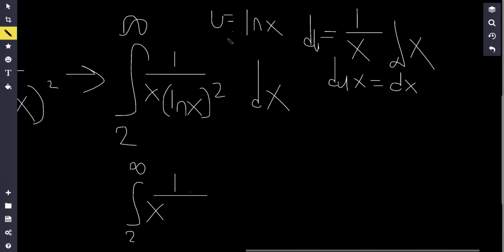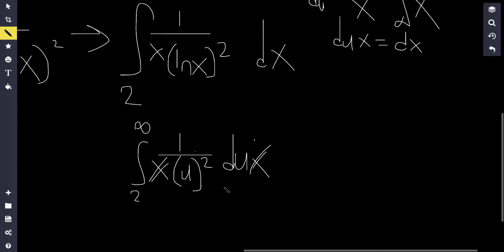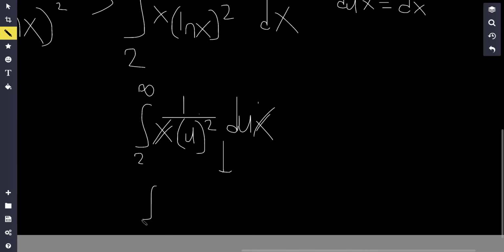I substitute in u for ln of x, so I get u squared. Instead of ln of x squared, I get u squared. And then instead of a dx, I get x du. The x's cancel out, so I'm just going to be left with the integral from 2 to infinity of, in this case, 1 over u squared du.